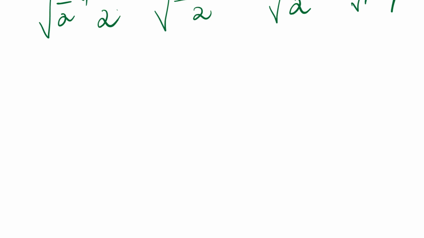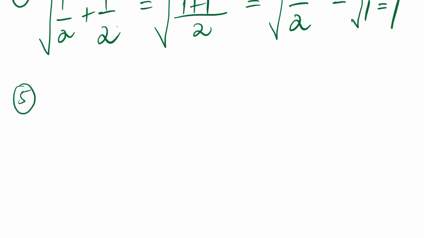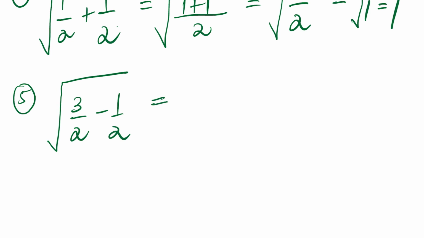Even if it's a subtraction. Let's say we have 3 over 2 minus 1 over 2. This is what is happening.